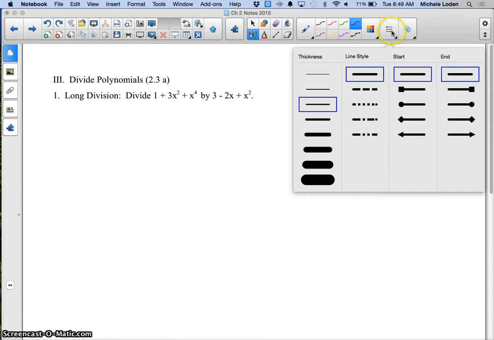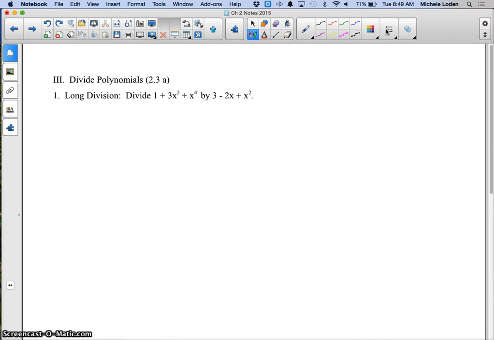Ladies and gentlemen, let's review long division of polynomials. When you are dividing two polynomials, in this case 1 plus 3x squared plus x to the fourth, we're dividing that by 3 minus 2x plus x squared.